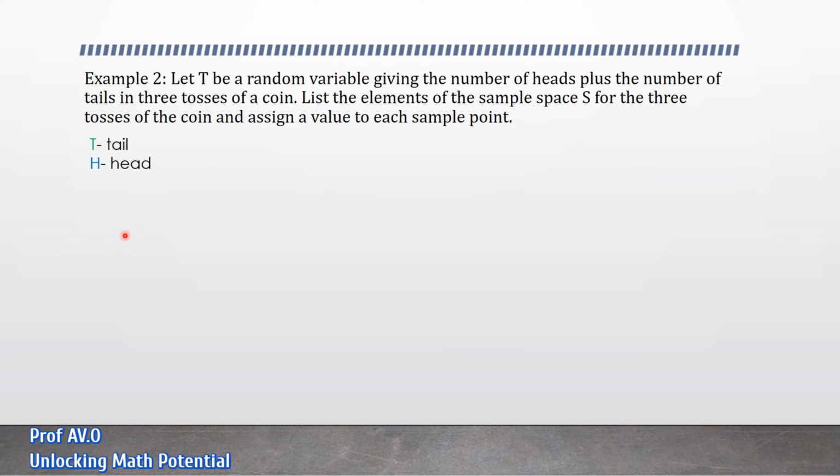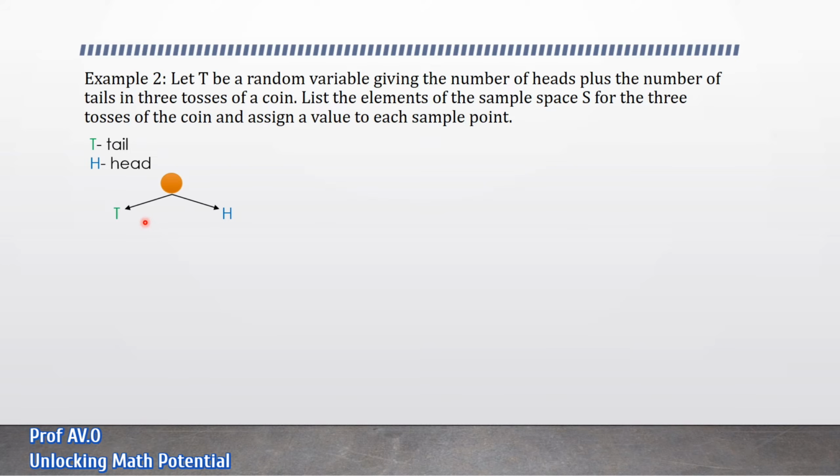So let's say I have a coin here. Again, we will test this coin in 3 tosses. Either this coin lands a tail or a head on the first toss.